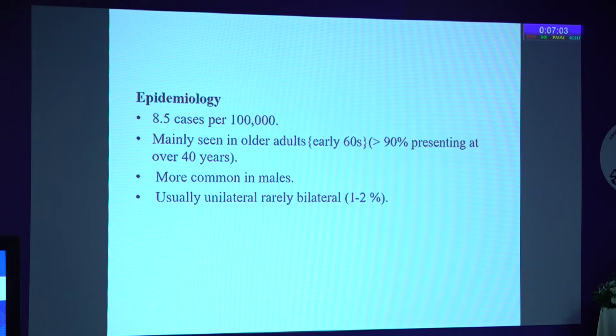So far as epidemiology is concerned, it is 8.5 cases per lakh population, mainly seen in older adults, in the early 60s, with 90% presenting over 40 years of age. It is more common in males, and usually not bilateral, but it can be in 1 to 2% of cases.